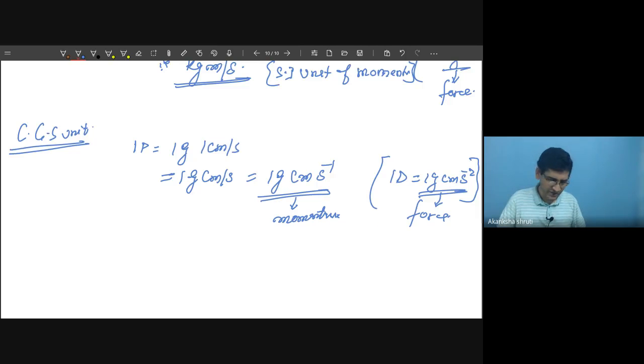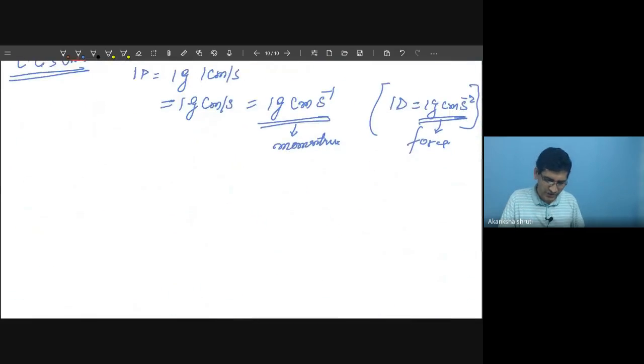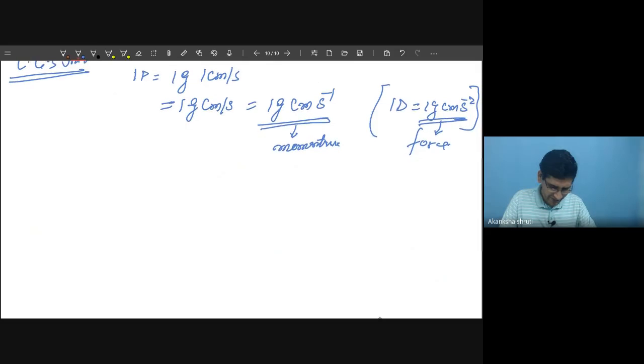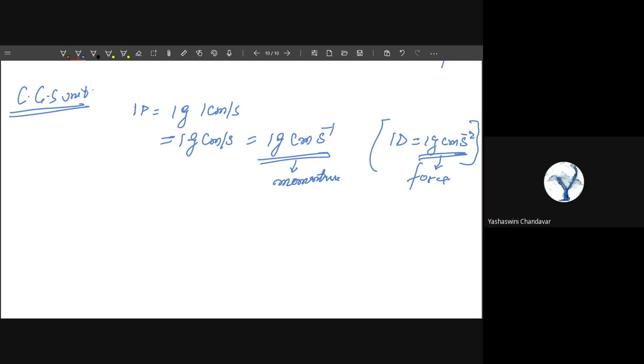Students, so the unit of momentum we have calculated. Now you just tell me, I have 5 kg of rice and I have increased the mass to 7 kg. Then what is the change in mass? It is 2 kg.